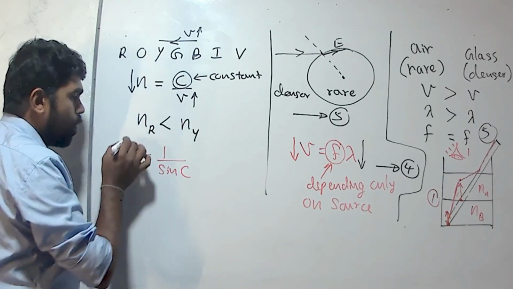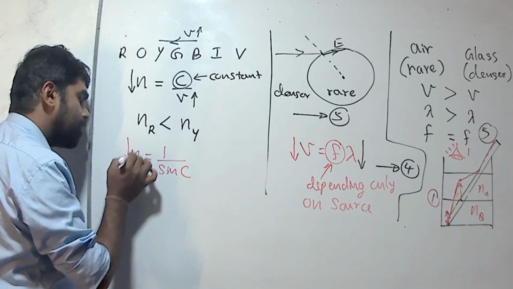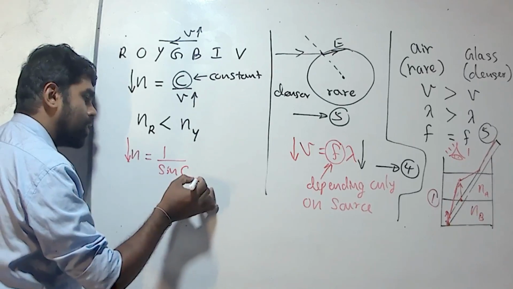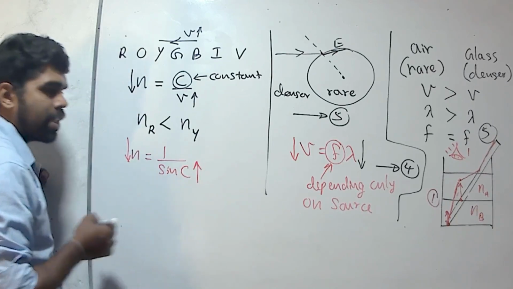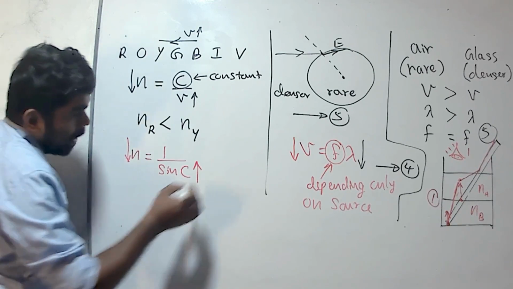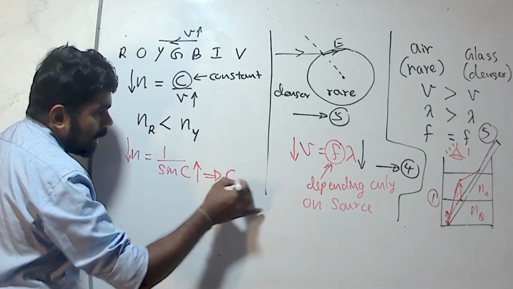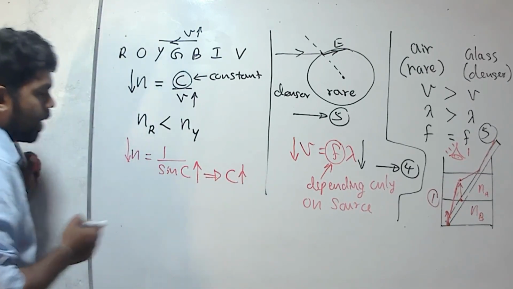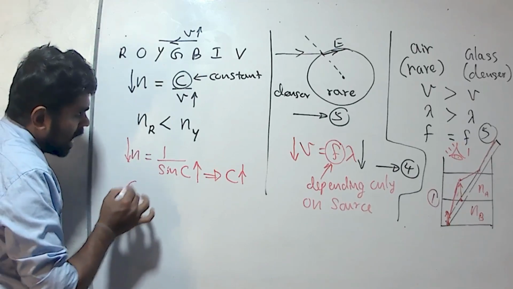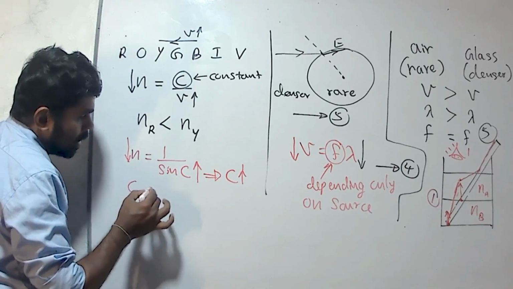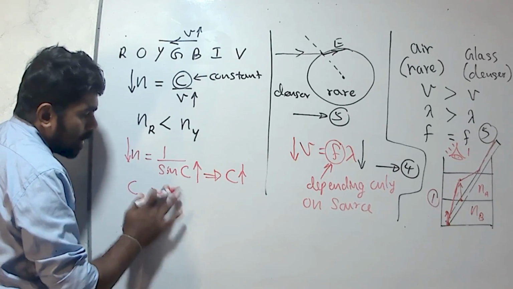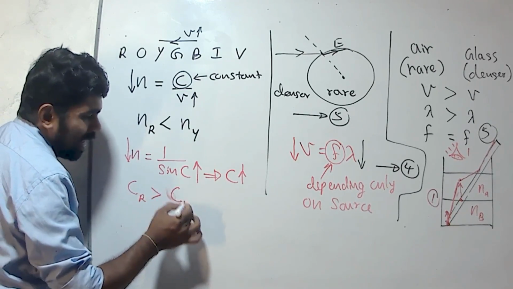Therefore, when refractive index decreases, sin C increases. It means the critical angle is increasing. Therefore, the critical angle for red color should be greater than the critical angle of yellow color.